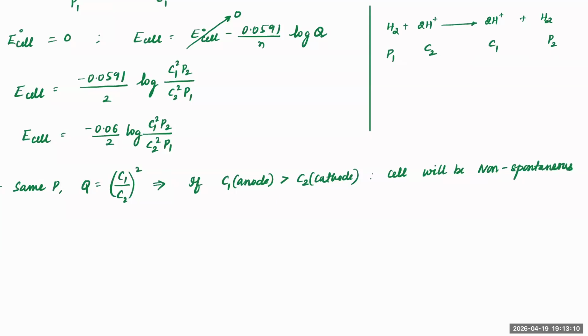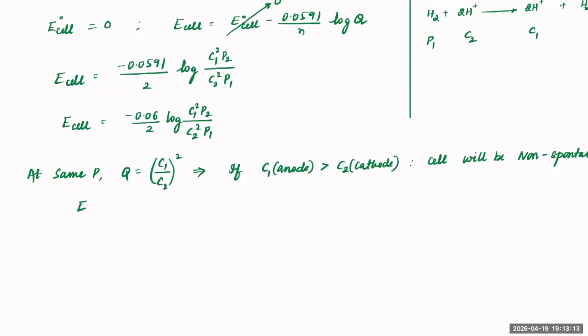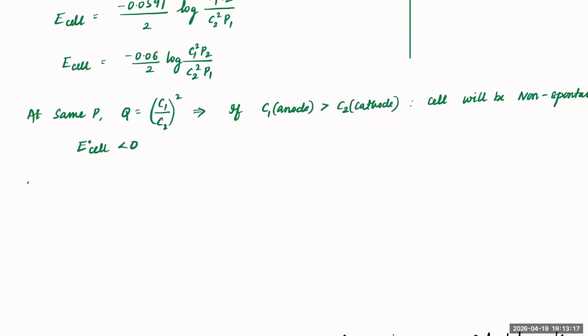Because E cell will be less than 0. Similarly, at the same pressure, if C2 is greater than C1, then Q will be less than 1, which implies E cell will be greater than 0, which implies the cell will be spontaneous.